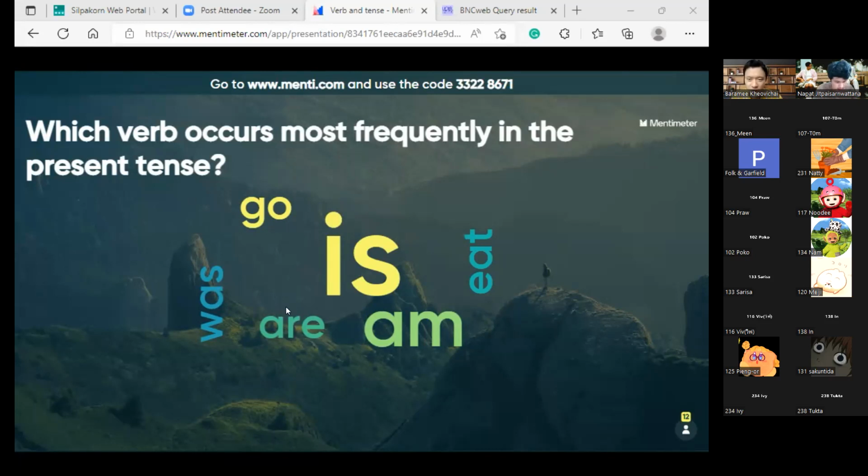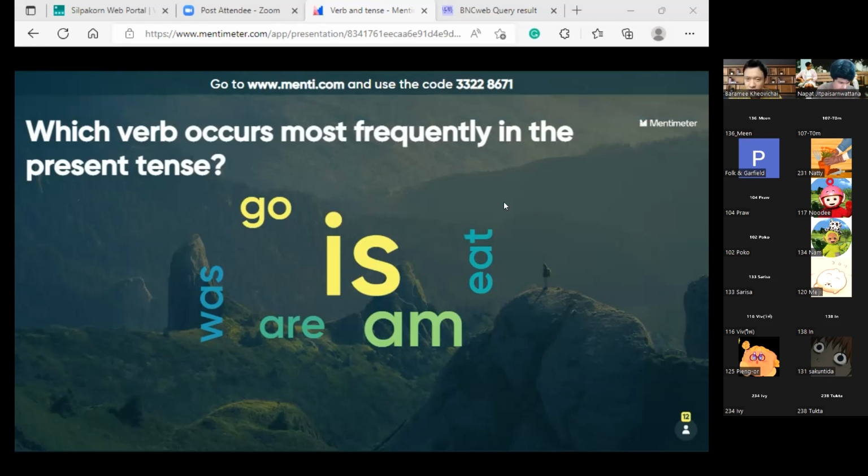Let's wait for more answers. You can either go to menti.com and use this code here, or you can click on the link in the chat box, and then type in the answer.